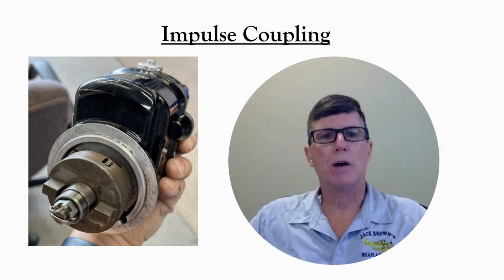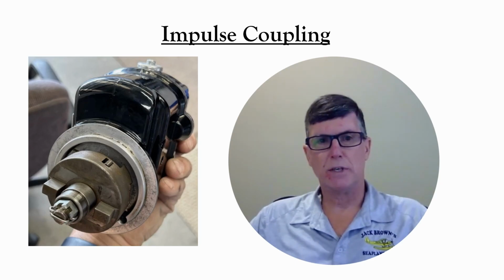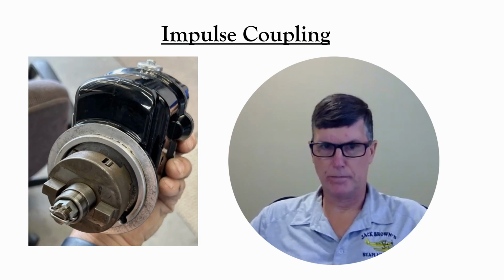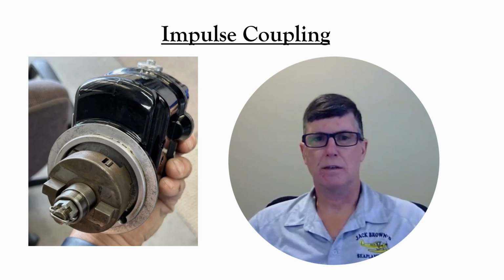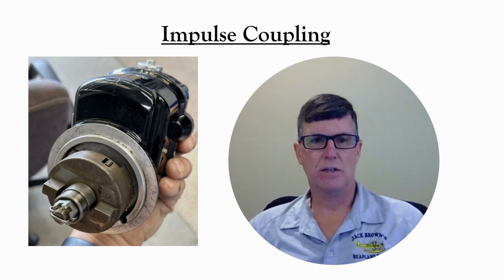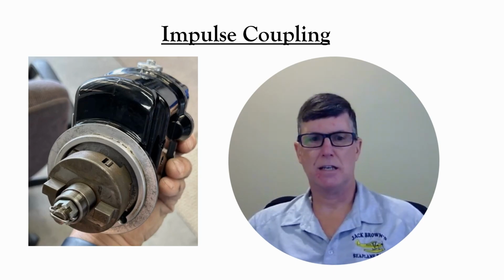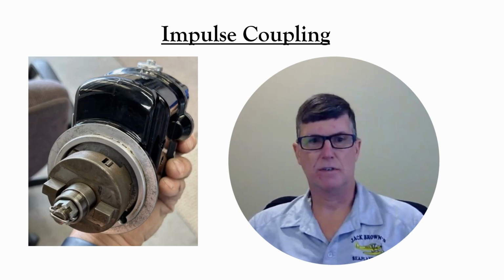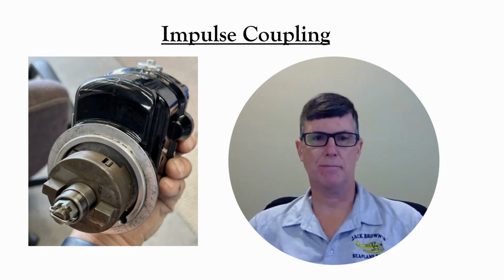To deal with these problems, magnetos may be equipped with something called an impulse coupling. An impulse coupling winds up a spring until just after the beginning of the power stroke, then it releases the spring so that the magnet inside the magneto turns fast enough to produce a good spark, and it happens at the right time.